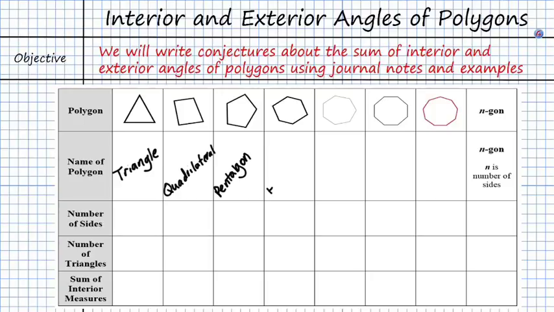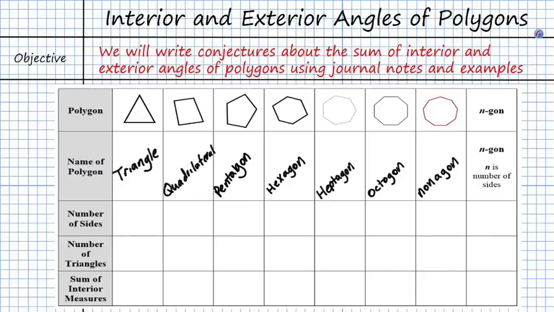Then we have our hexagon, or 6-sided figure. Then we have our septagon, or heptagon, depending on whether you're using the Greek or Latin. We'll write the heptagon here. We have our octagon. And finally, we have what is called a nonagon, or a 9-sided figure.